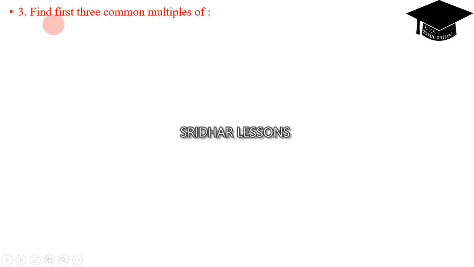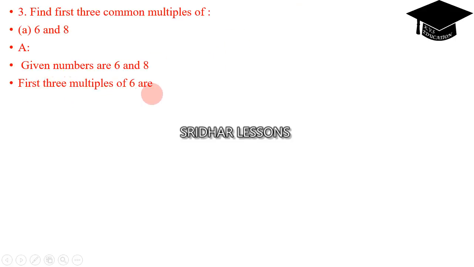Problem number 3. Find the first three common multiples of 6 and 8. Common multiples. Okay. The given numbers are 6 and 8. So for the numbers 6 and 8, we have to find the first three multiples, and after that we have to take the common.